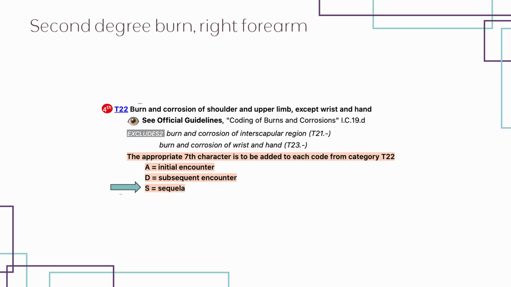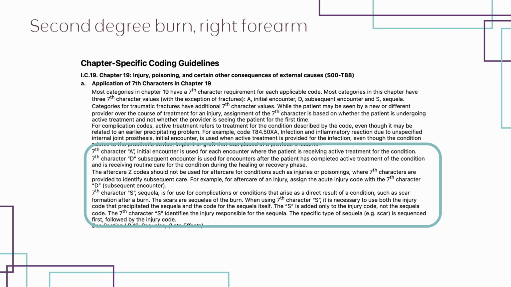For instance, after a burn has healed and there is scar tissue present, the scar tissue will be the sequela of the burn. Now, you can always find these definitions within your ICD-10-CM guidelines for the chapter-specific coding guidelines for Chapter 19. So the guideline is I.C.19.a.